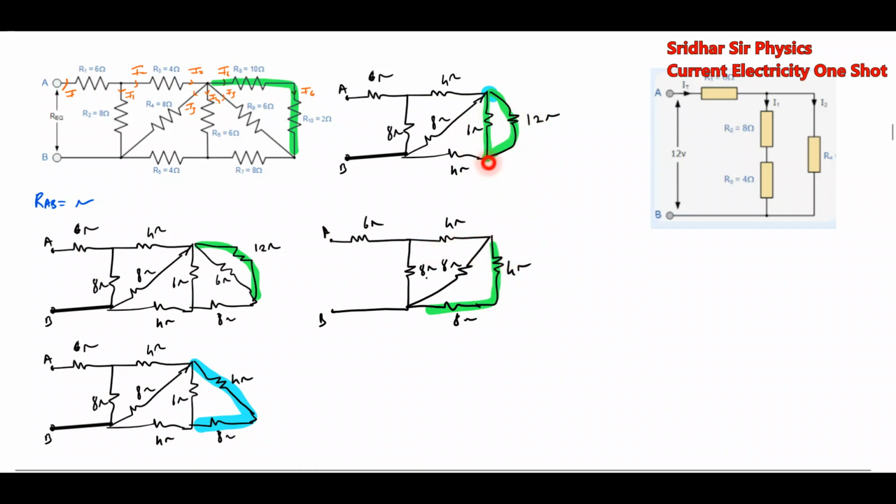This 4 ohm will be in series with this 4 ohm, so this will become 8 ohm. The next circuit will be like this. We have to keep on simplifying like this. This is the basic idea.